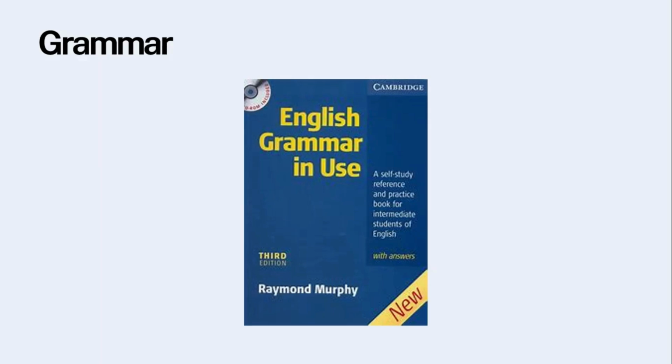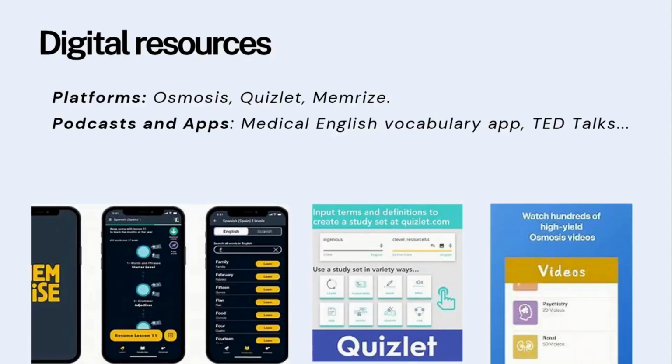In addition to traditional textbooks, digital tools play an important role in learning English for specific purposes in medicine. Some effective digital tools include Osmosis, an educational platform for healthcare students, apps like Quizlet and Memrise for vocabulary building, medical English podcasts and talks to improve listening comprehension and general comprehension skills, actually.